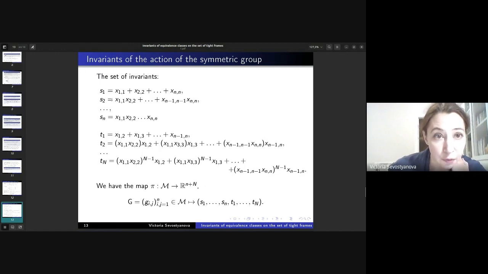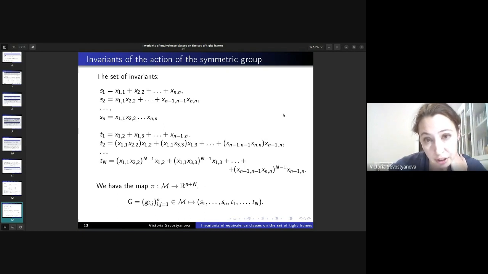The first series S is a symmetric polynomial of the diagonal elements. So it is evident that these polynomials will be invariant. But for the second series T, it is not evident that it is invariant.